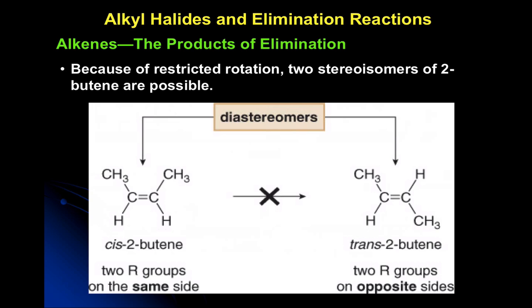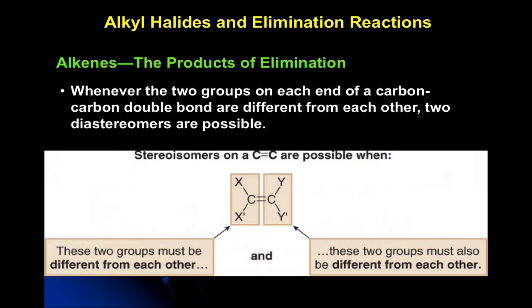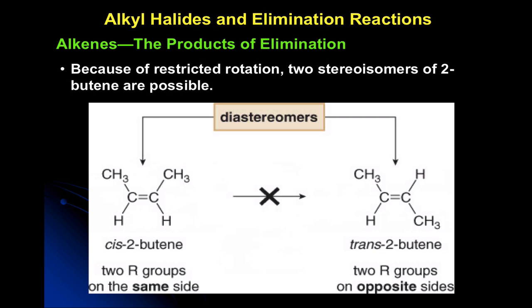However, everything's connected the same way. They are not constitutional isomers. They are stereoisomers. This is 2-butene, and this is 2-butene. The only difference is this prefix, which tells us how those groups are in 3-dimensional space. So these are stereoisomers with respect to one another, but they are not chiral. We do not have R and S type stereochemistry. This is cis versus trans.